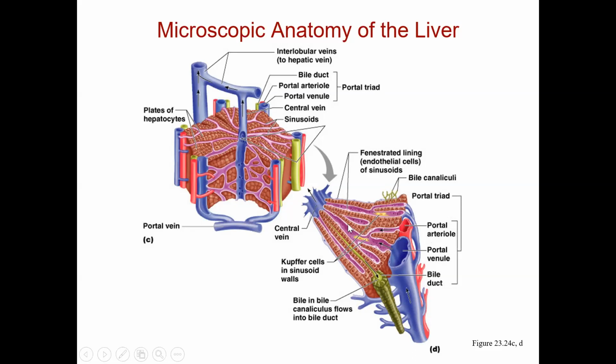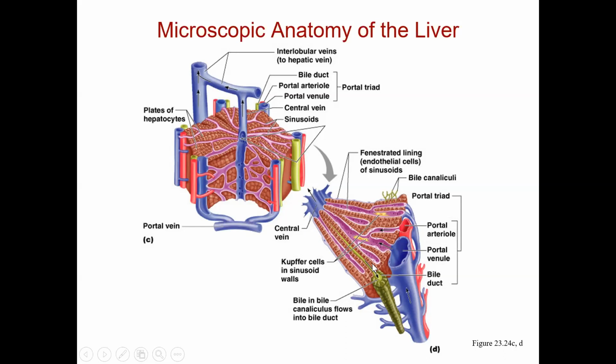On the way toward the central vein, it is going to unload these nutrients to the hepatic cells. So this portal blood has a lot of nutrients absorbed from the digestive system. Once it gets to the liver, it travels from this portal venule toward the central vein and releases the nutrients to the liver cells.